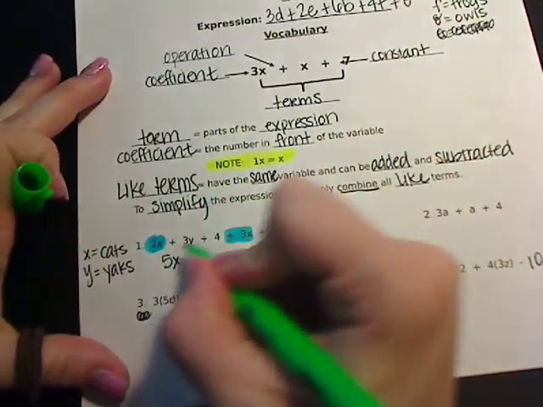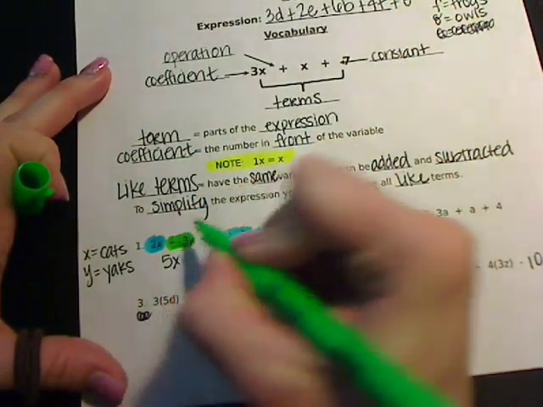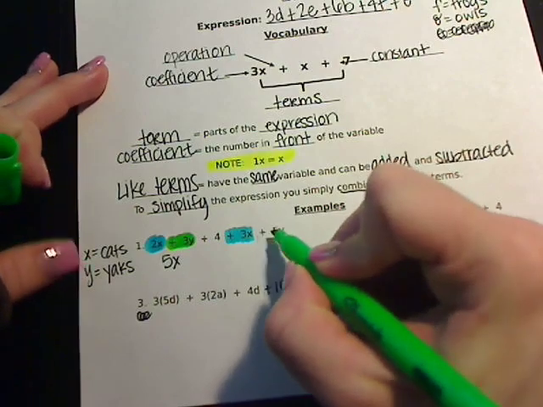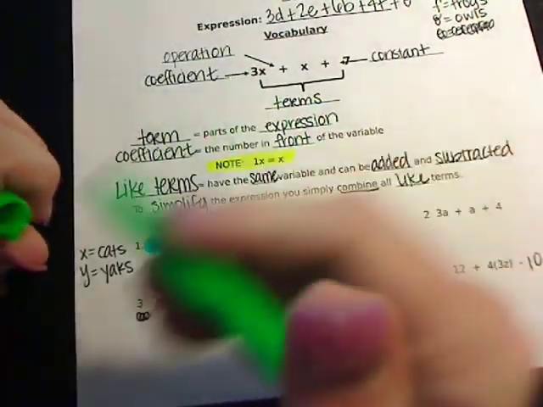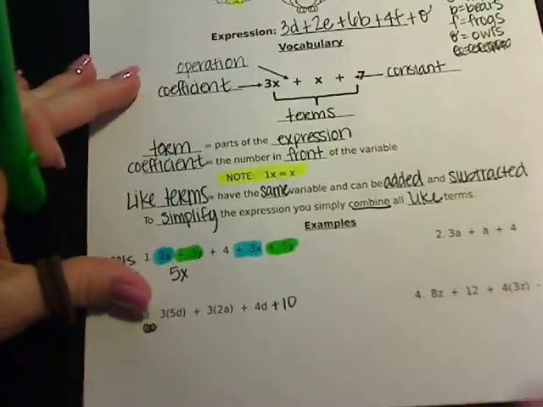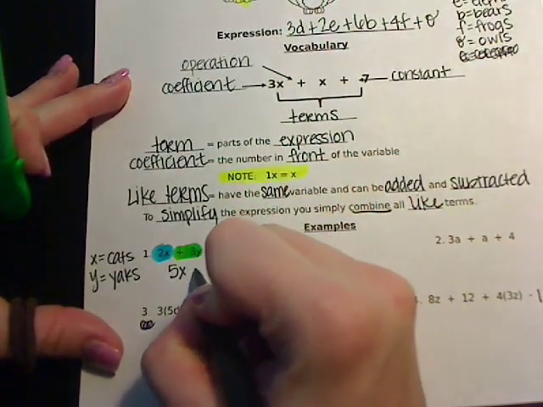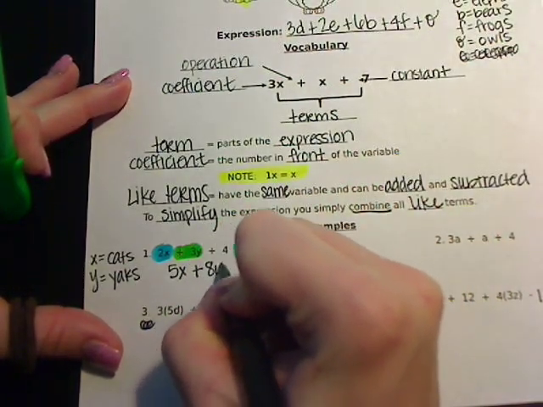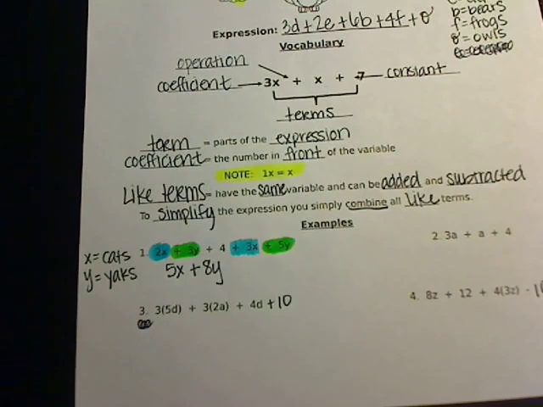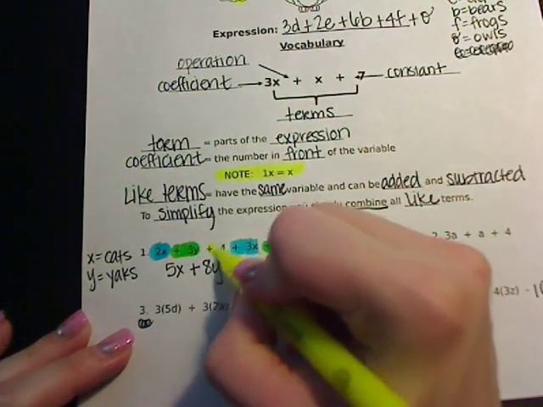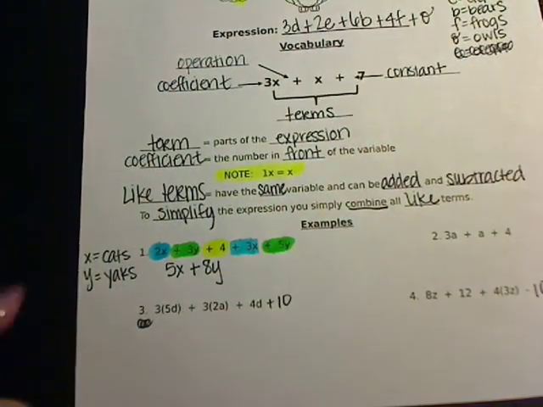Now let's see, here's my y's. I've got a positive 3 yaks plus 5 more yaks. So 3 yaks plus 5 yaks would be 8 yaks. So plus 8 yaks. And then all I'm left with is a constant of a positive 4 or plus 4.